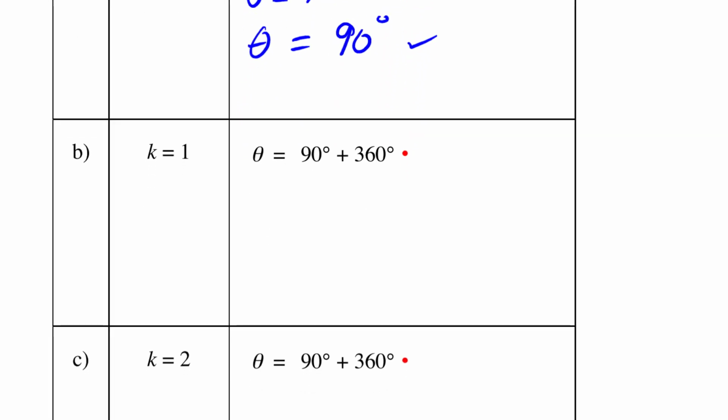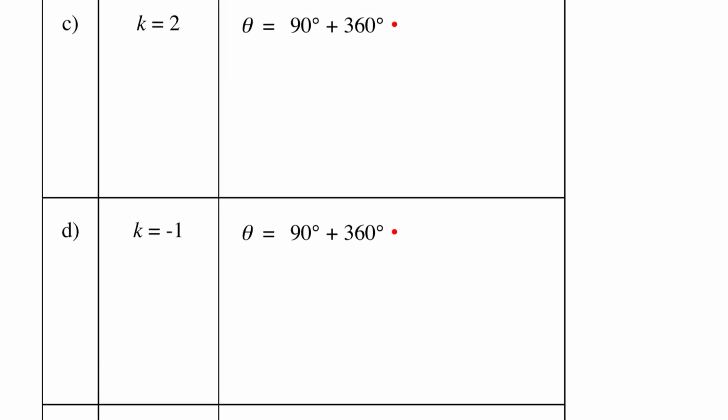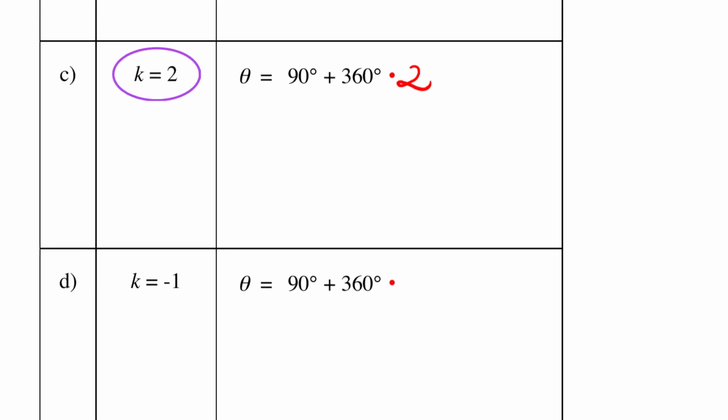When k is 1, we put that in for k. 90 degrees plus 360 degrees. Theta equals 450 degrees. That was another one of our solutions. And we can do it for k equals 2. I'm going a little more quickly now.